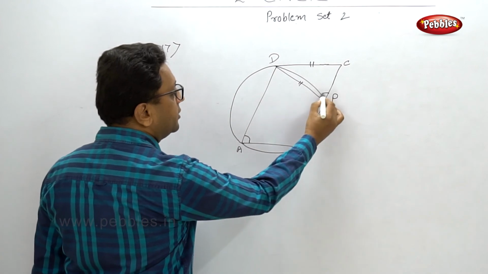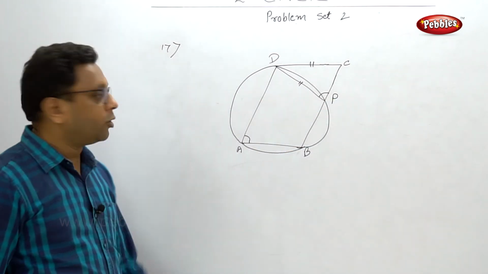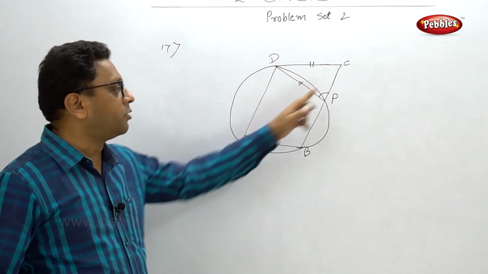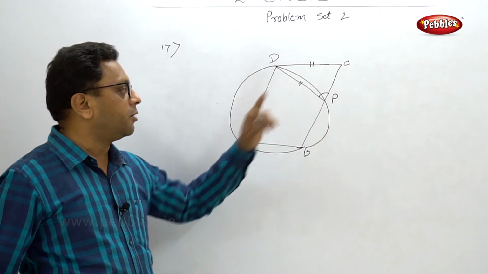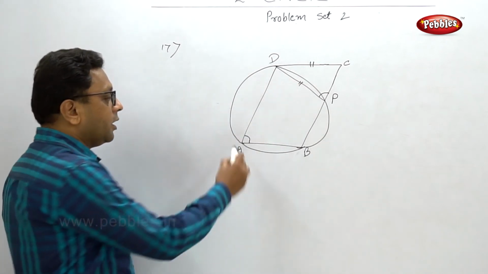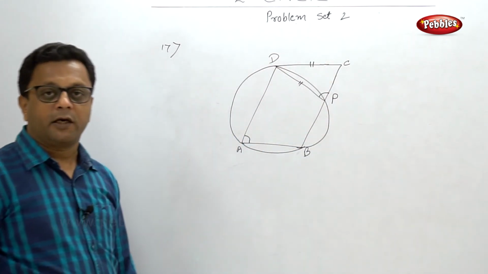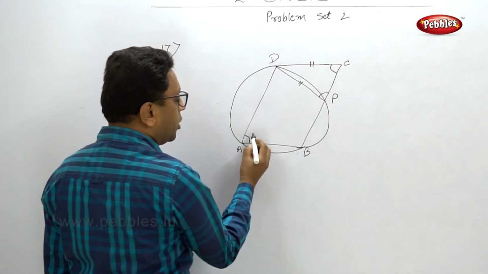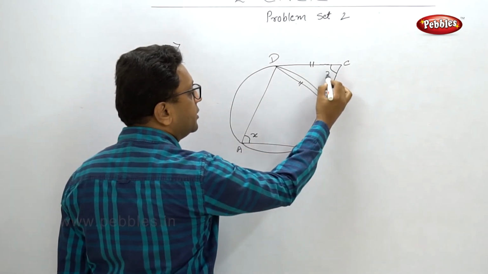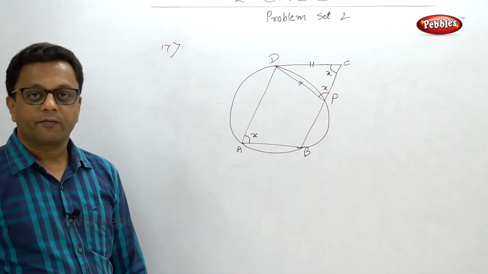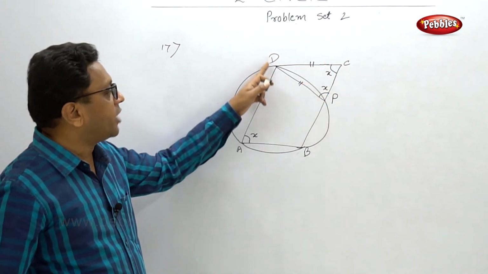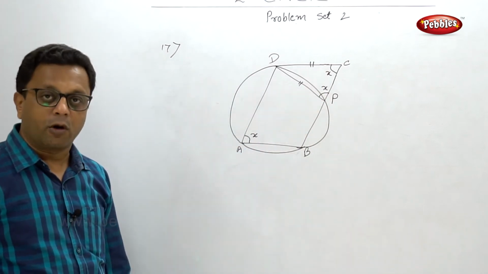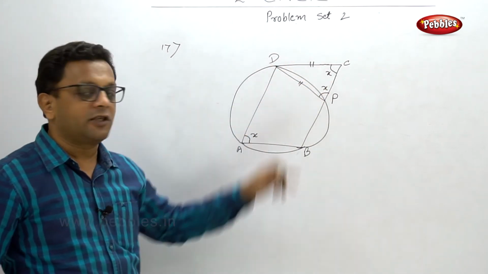This angle and this angle are equal because this is a cyclic quadrilateral, and by the exterior angle theorem of cyclic quadrilateral, angle A and this angle P are equal. But ABCD is a parallelogram and opposite angles of the parallelogram are equal. So if I call this angle X, this is X and this is also X. If these two angles in this triangle DPC are congruent, then this becomes an isosceles triangle.